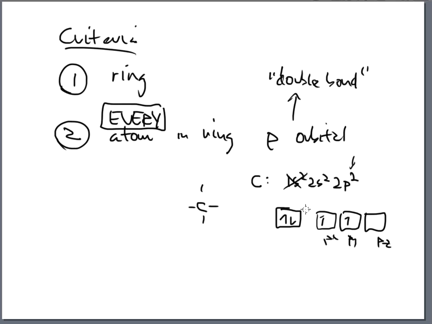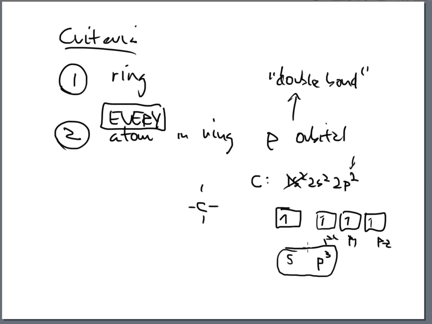Well, back in Orgo 1, what you should have learned is that we can take one of these electrons and we can promote it. And we get it out of its paired up situation and we allow it to become single. And now all 4 of these electrons are single, and this includes an s, and it includes 3 of the p's because all 3 are involved, and a single bond with carbon is called an sp3 bond.